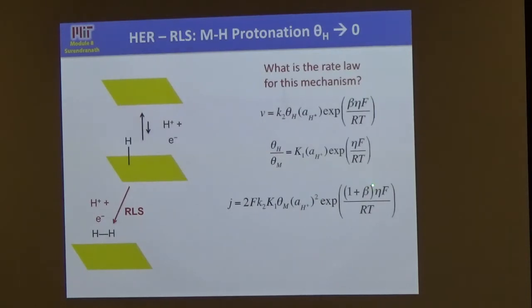And in the exponent, we have a 1 plus beta. Again, if you rearrange terms here, you'll find that you get this 2.3 RT over F. That term is that same 60 millivolt per decade term that we had before, but now you're dividing not by beta, but 1 plus beta. And so you actually get a radically different Tafel slope, something on the order of 40 millivolts per decade rather than 120.